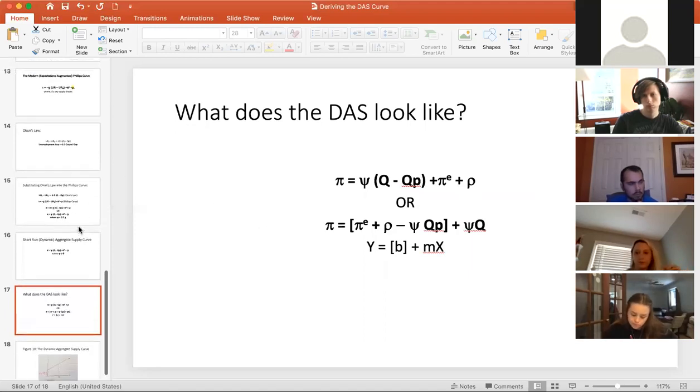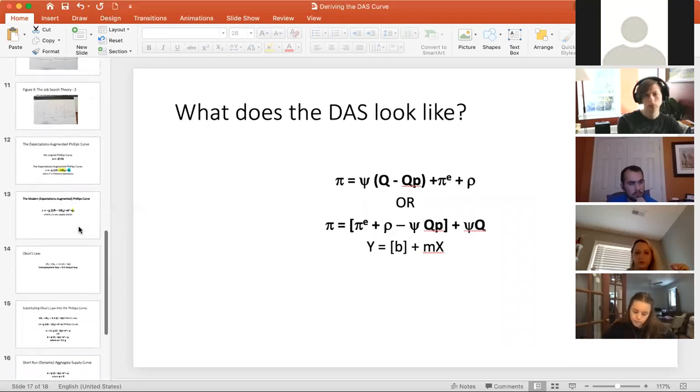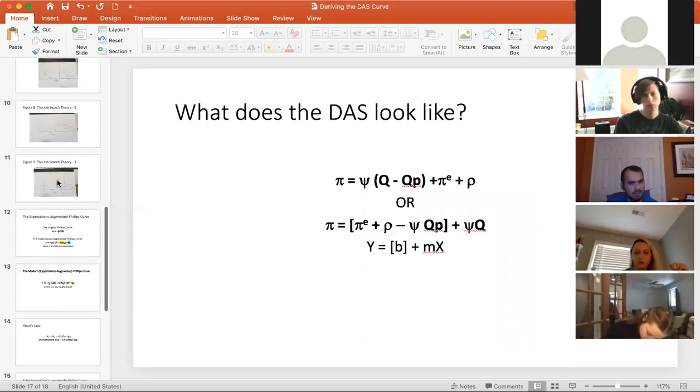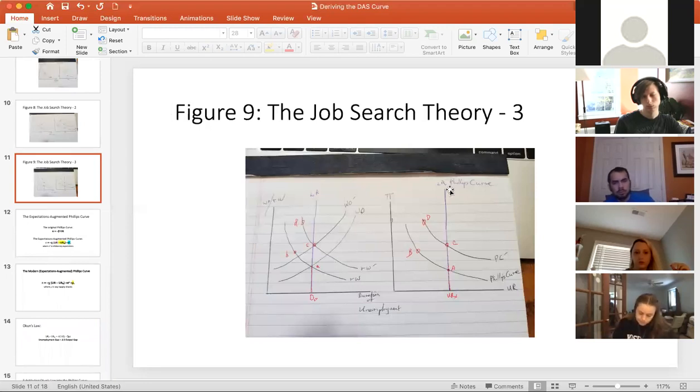What it says is, just like the Phillips curve, the DAS curve is going to be vertical in the long run. But instead of at the natural rate of unemployment on the Phillips curve graph, it's going to be vertical at potential real GDP. So the actual inflation rate could be anywhere along this vertical line.